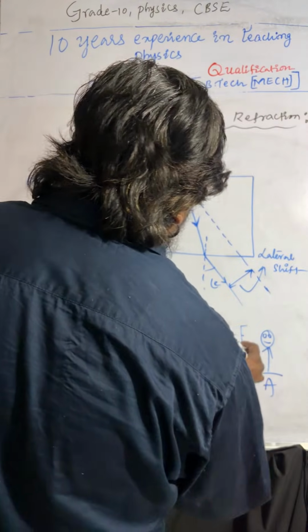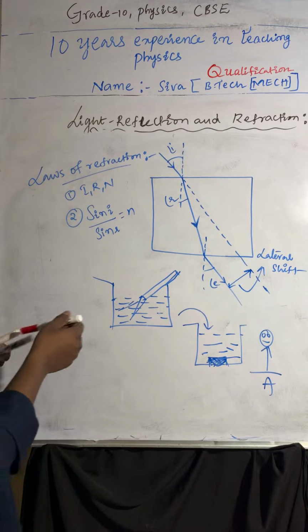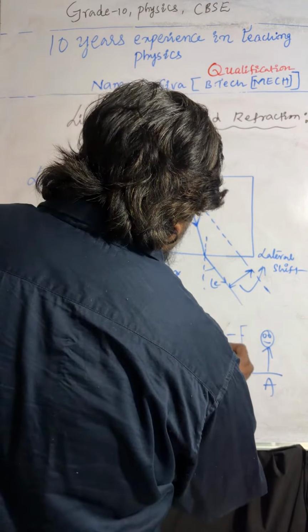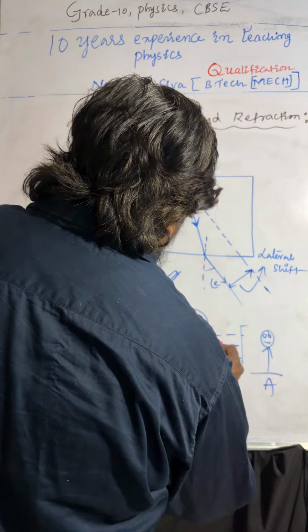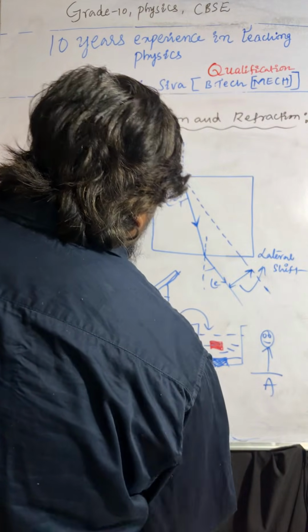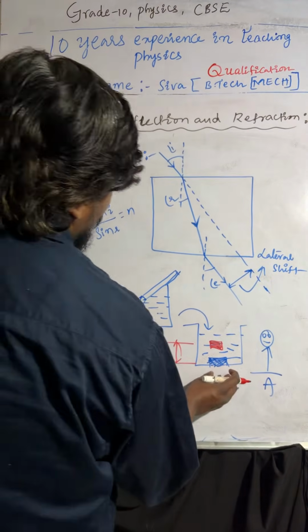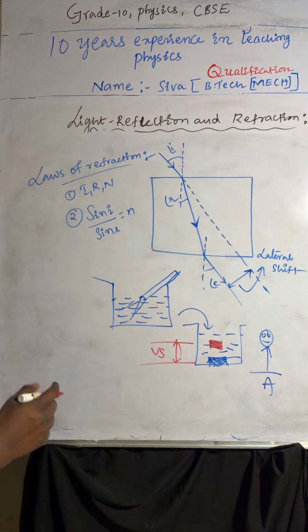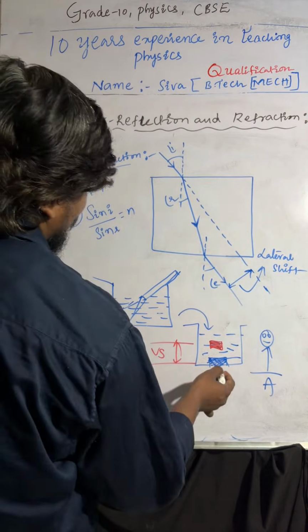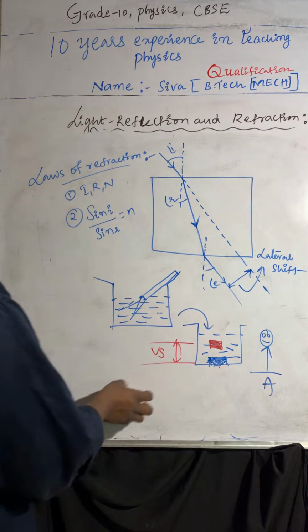After pouring water, the coin position rises up. So this is the upper end position. The distance between the actual position and the upper end position of the coin is called vertical shift.